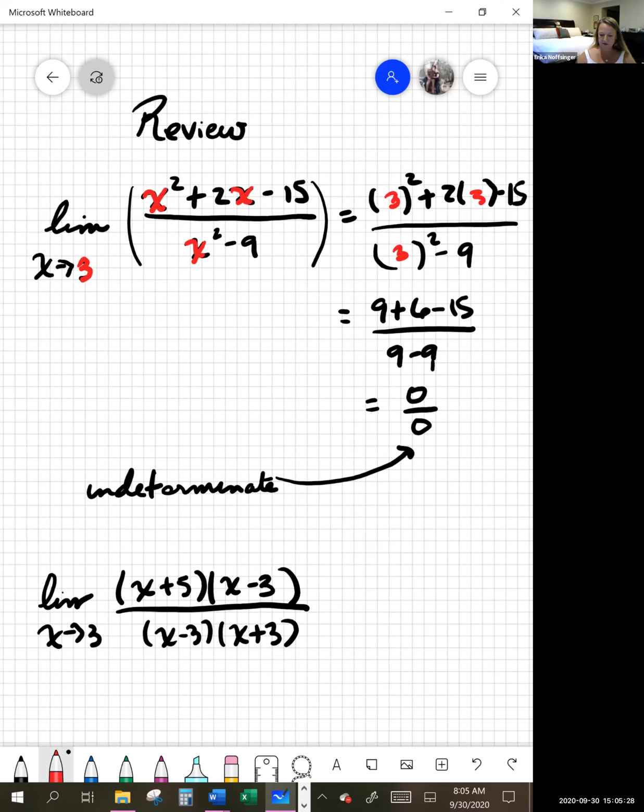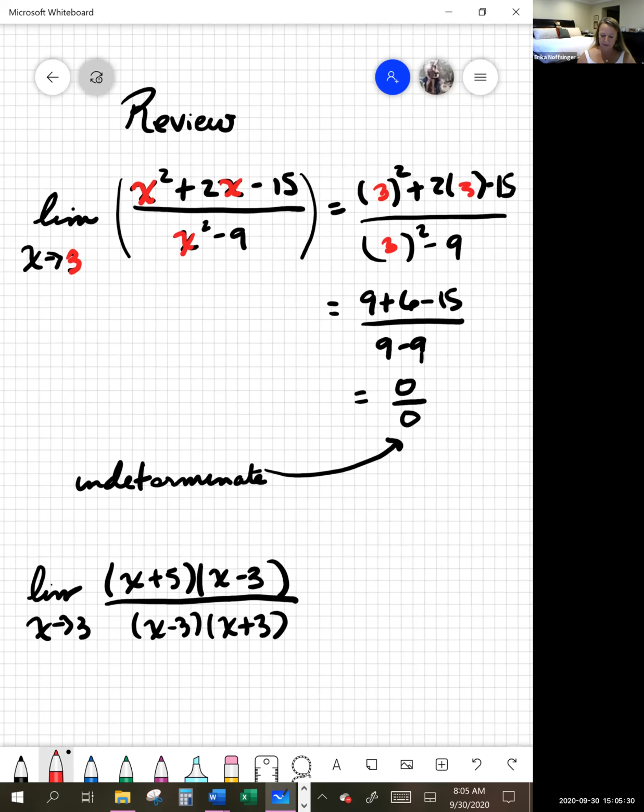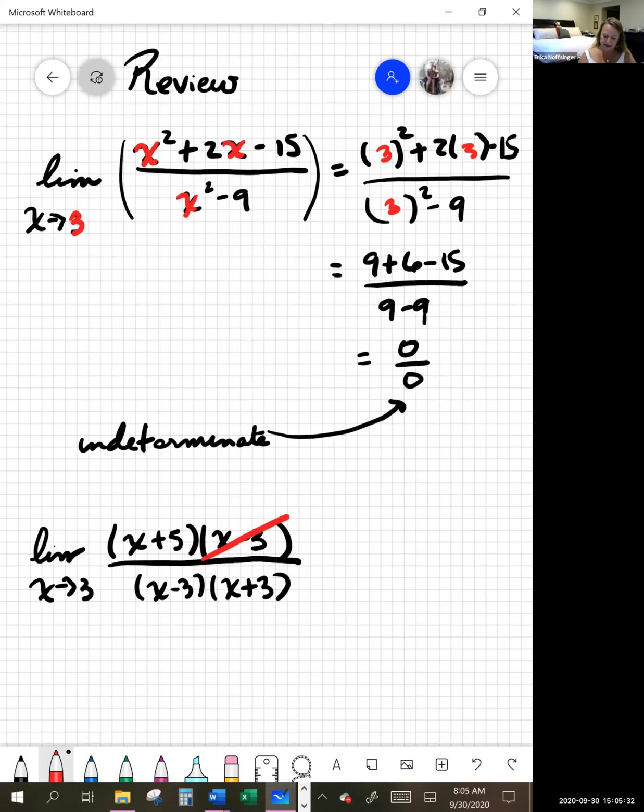So we have two factors that are in common, and so we can cancel those out. And so now really we're taking the limit as x is approaching 3 of x plus 5 all over x plus 3.